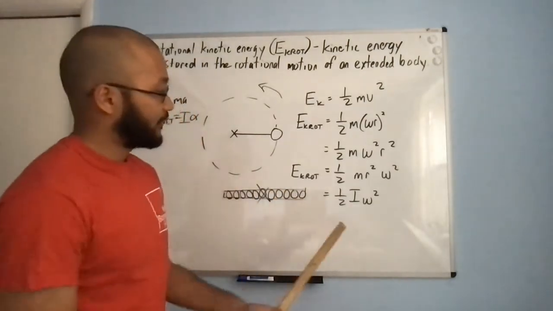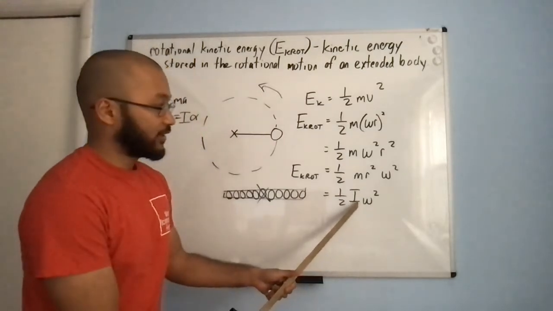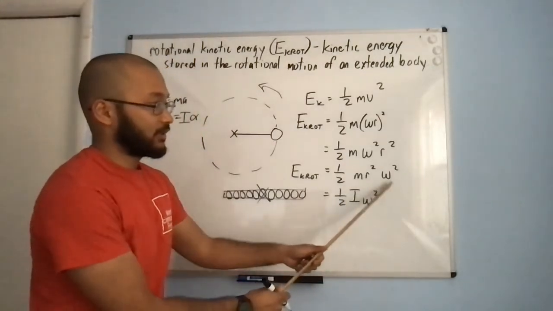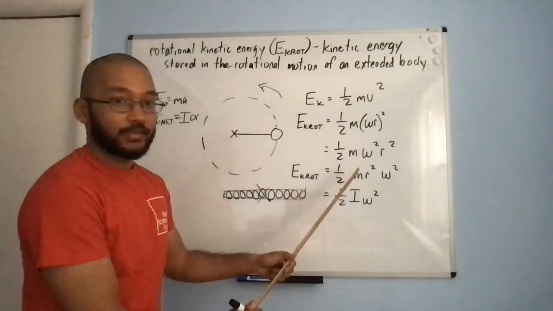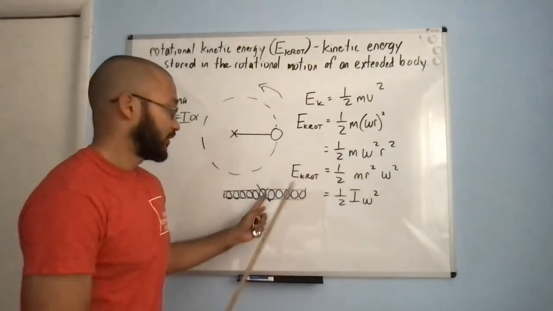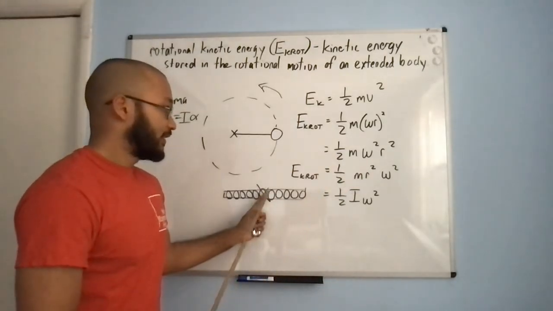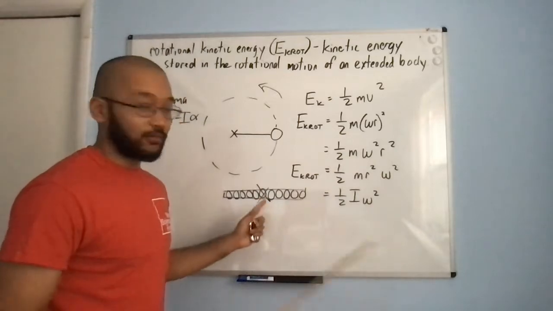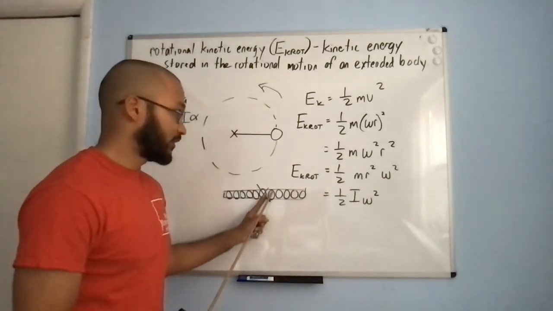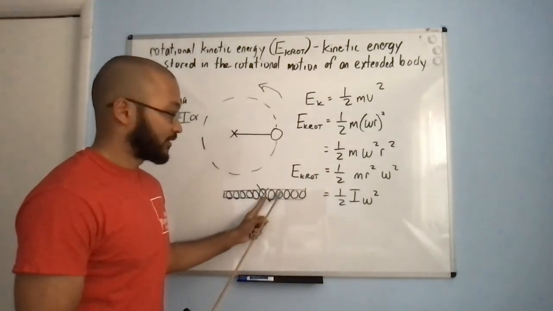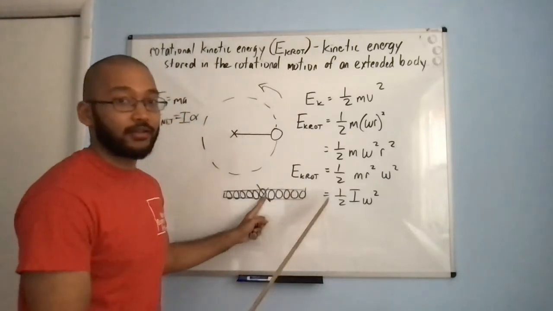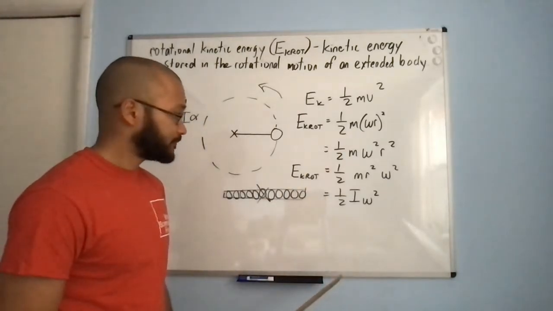They all have different rotational kinetic energies, because the mr squared is different relative to how far away they are from the axis. If I really wanted to sum all of them up, I would take mr squared times omega here, mr squared times omega there, and add it all up with the 1/2 in there.